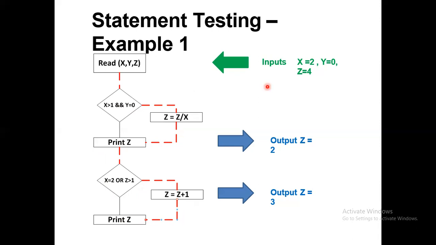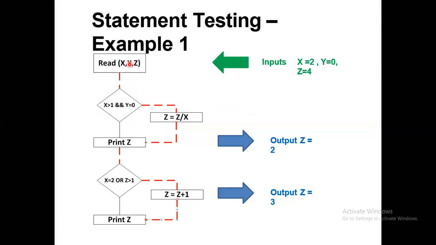Then the next challenge is to find the possible values for X, Y, Z. That is a matter of calculation. In order to go to this particular statement, Z equals Z divided by X, you should satisfy this condition.